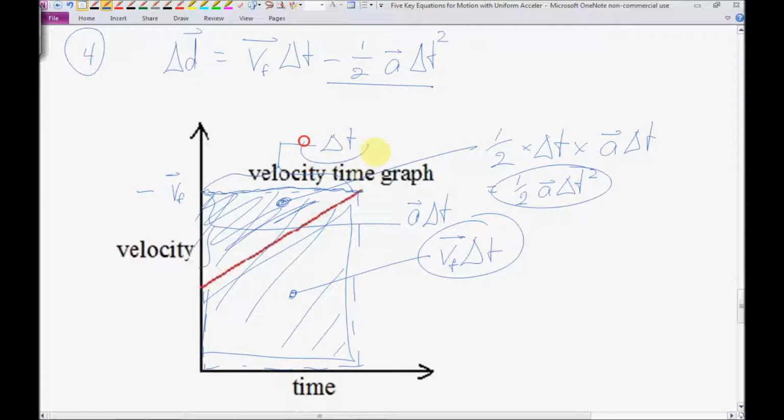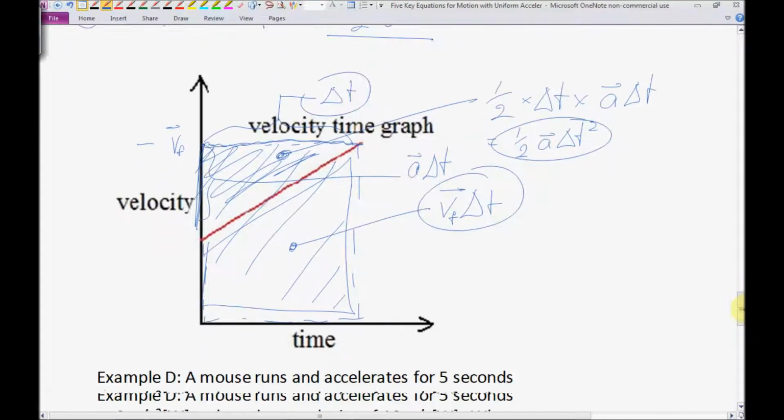The base, delta T, multiplied by half, multiplied by this height, which is acceleration times delta T, is going to give us the area of what's above the curve here. And so in order to find the area under the curve, we've taken this big chunk of area and subtracted away this small triangle in order to find the full answer. So that's equation 4.